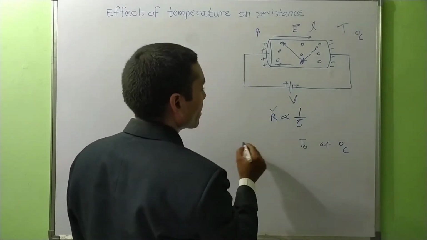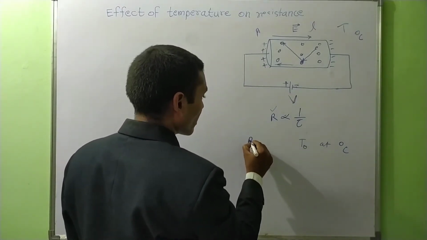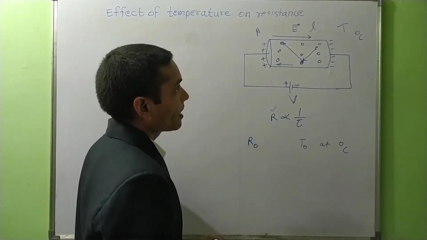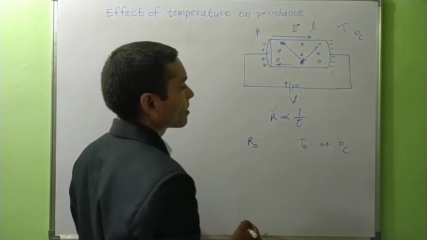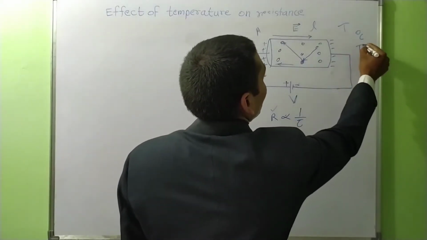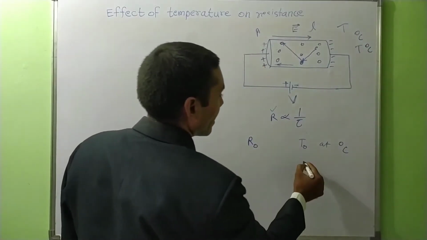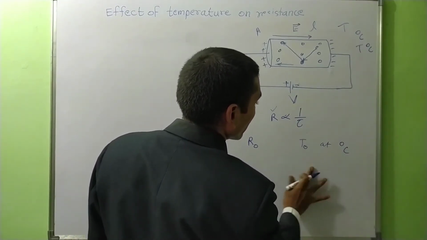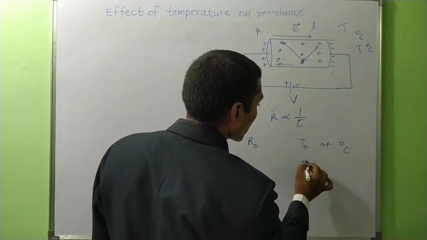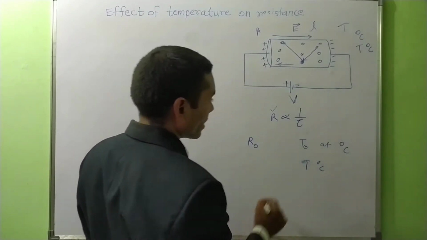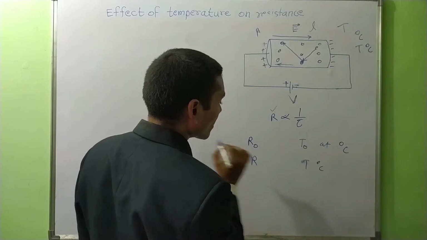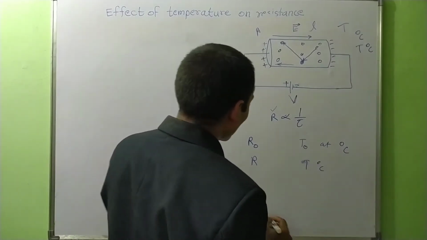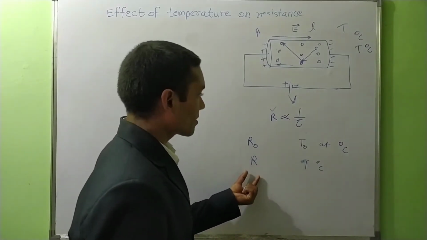At this temperature, the resistance of this conductor is R0. When the temperature is increased up to T degree Celsius, the resistance of the conductor is R. So the resistance of the conductor increases.